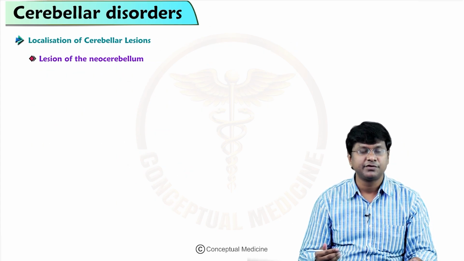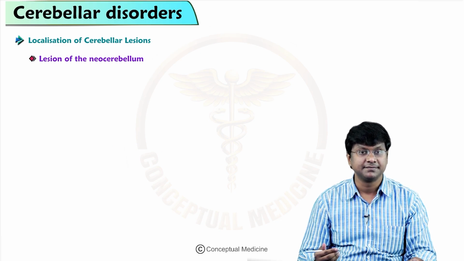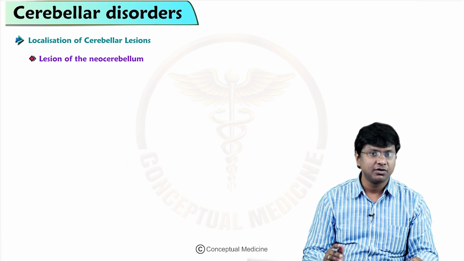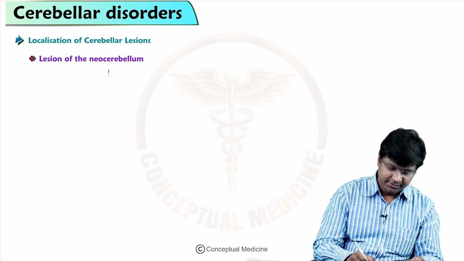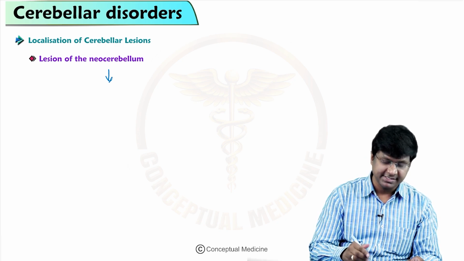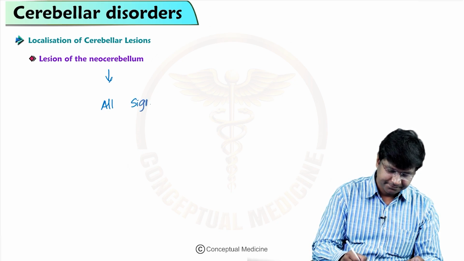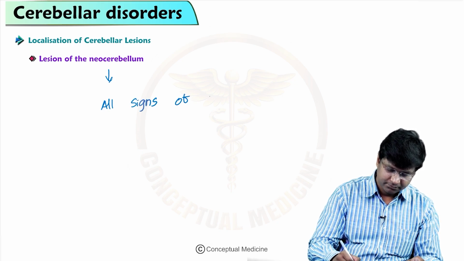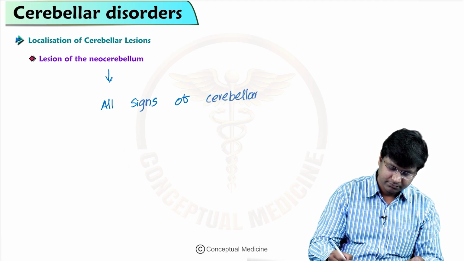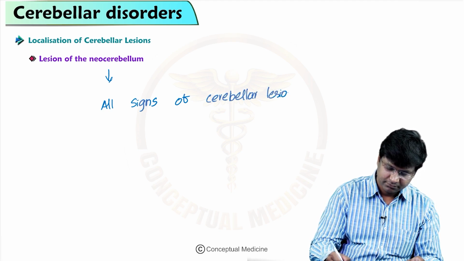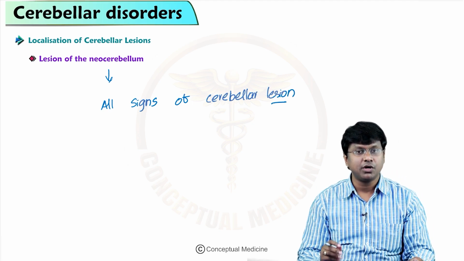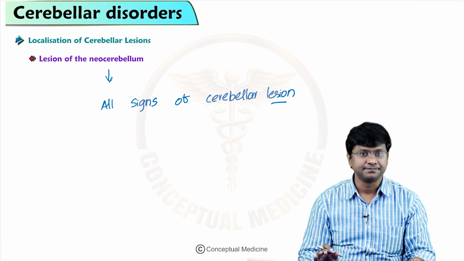The neocerebellum is what? The newer form, or the newest part, of the cerebellum. So whenever there is a lesion of the neocerebellum, this will produce all signs of cerebellar lesion.